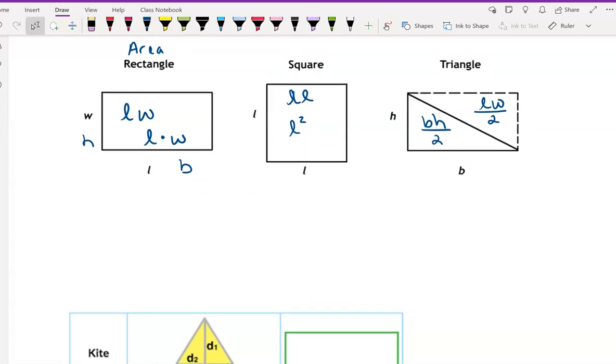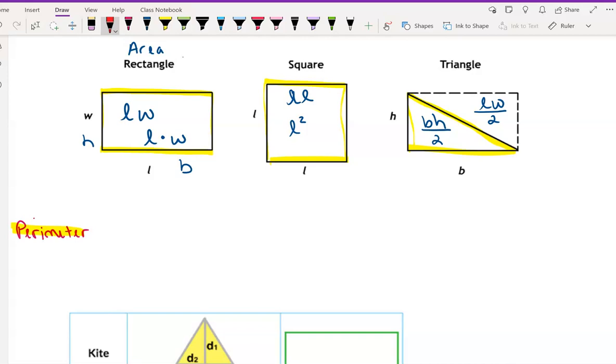Now, what if we were handling perimeter? If you don't remember, perimeter is not the area, excuse me, it's how far around each shape is, the distance around each shape. So the distance around this triangle, or this square, or this rectangle.